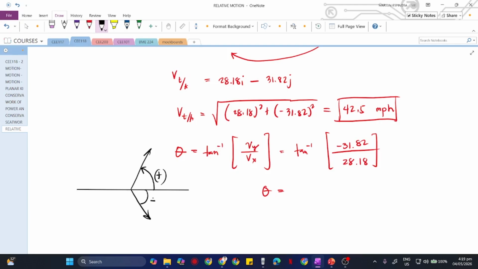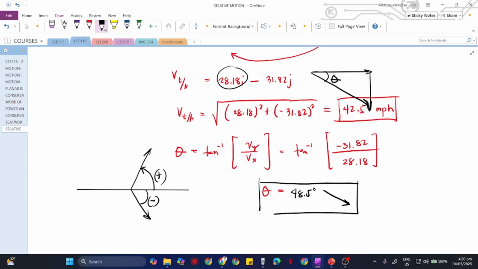So this is the negative angle. We got that earlier: if this is positive and this is negative going here, then the direction of our angle is like this, which is negative, which is correct. So this is 48.5 degrees, and let us put the direction there. So, that will be our answer: this 42.5 and this angle.